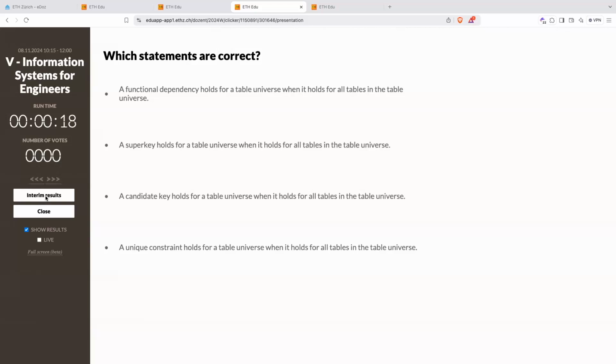Or a candidate key holds for a table universe when it holds for all tables in the table universe. Or a unique constraint holds for the table universe when it holds for all tables in the table universe. Multiple answers are possible. So which ones are correct? Which ones are incorrect?